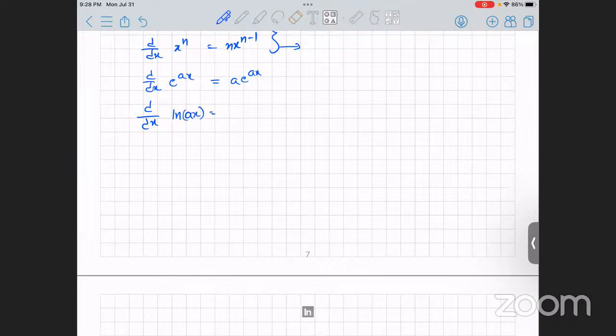So a by x into 1 by a, the a gets cancelled, so it's 1 by x.